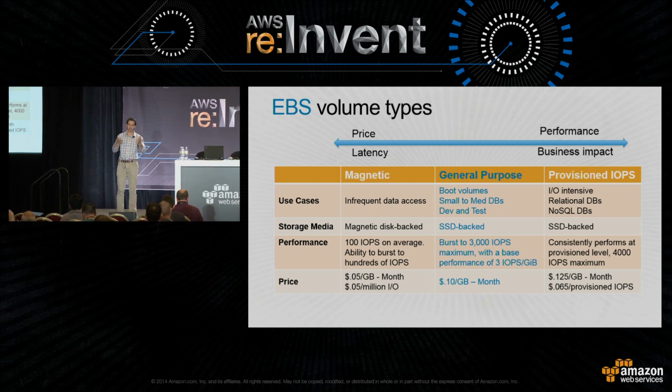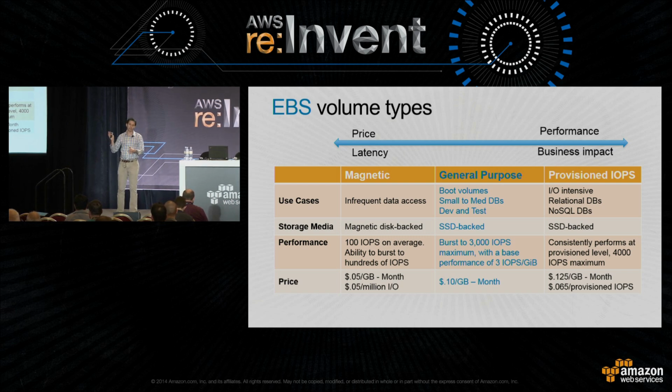You can basically specify how many IOPS you want, all the way to 4,000 per volume. And then don't forget that you can aggregate multiple volumes together to get even higher levels of performance. But provisioned IOPS is a little bit more expensive, and it's a little bit less predictable in terms of cost. Why? Because there's not just a fee of 12.5 cents per gig per month for the actual storage, we also charge you for the number of IOPS that you provision.